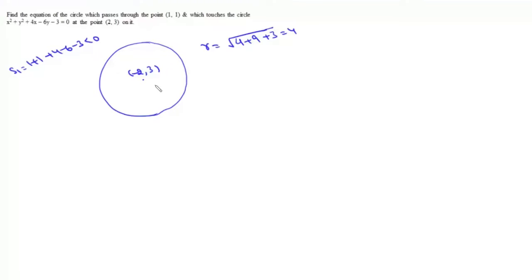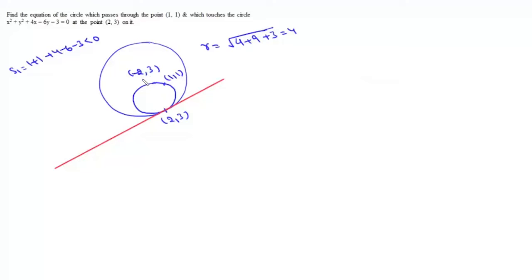So this other circle will touch this given circle internally at this point 2 comma 3, and it passes through 1 comma 1. Now again, there are many ways to solve this question. So what we'll do is we'll find equation of this tangent to the circle at 2 comma 3.